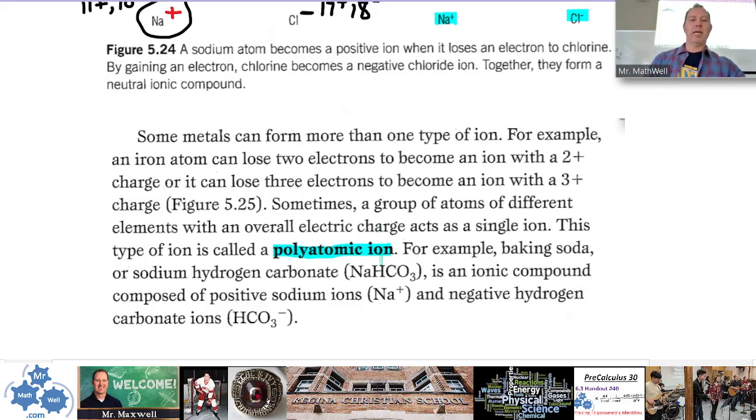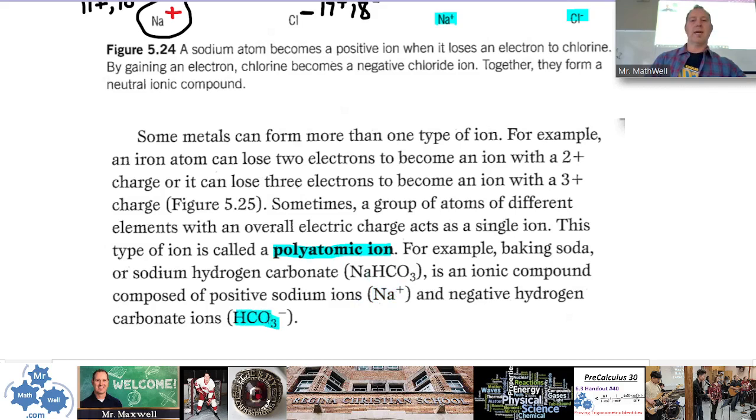For example, in this compound, this is a sodium hydrogen carbonate or sodium bicarbonate compound. The sodium ion is made of one type of element, just sodium, but the other ion is made of three different elements. This is the polyatomic ion.